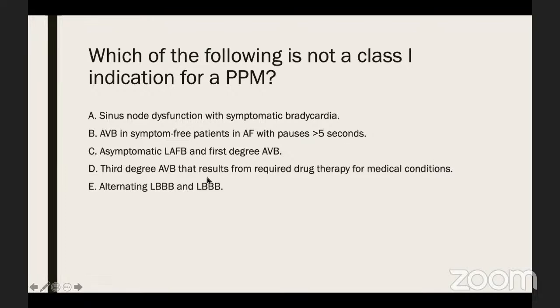LAFB, left anterior fascicular block, and first degree AV block. Third degree AV block that results from required drug therapy for medical conditions. Alternating left bundle branch block and right bundle branch block.